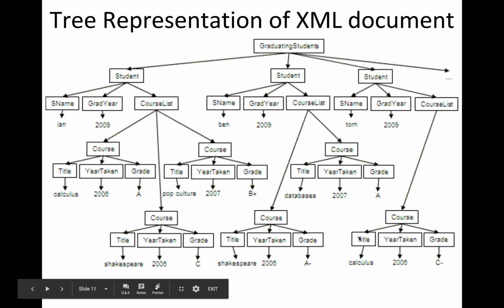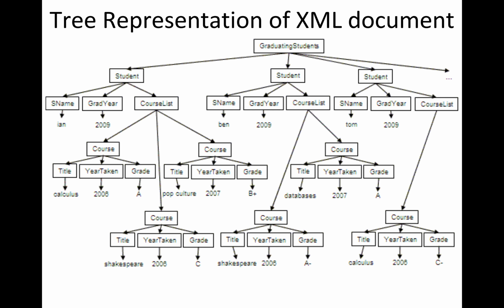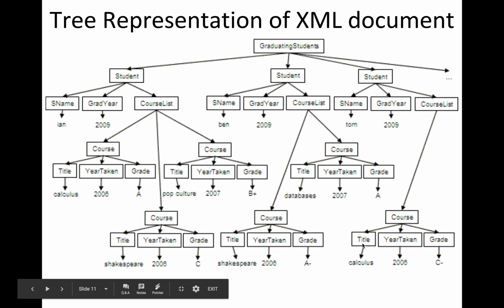And this title, maybe a better representation would have been to have this be an ID, the ID of the course that can then be joined with other records represented elsewhere, instead of just the title. Because if I change the title of the course, then I would need to make sure that I change it everywhere here. It would have been better to represent it only once.